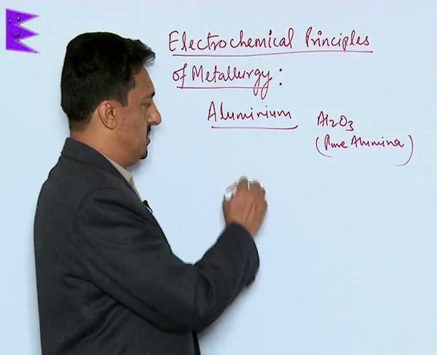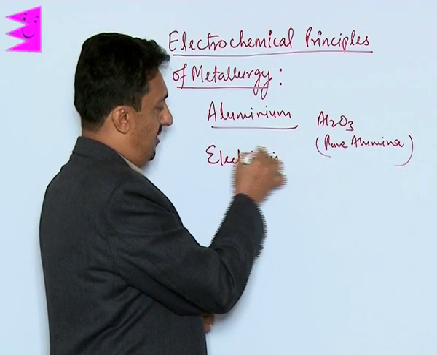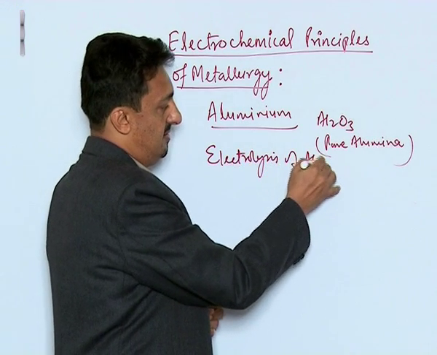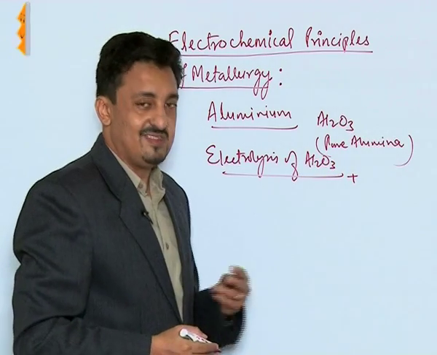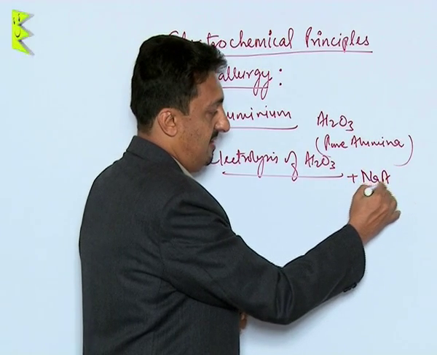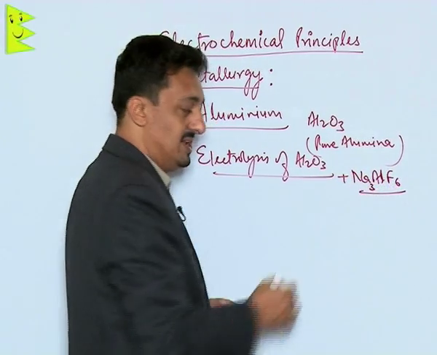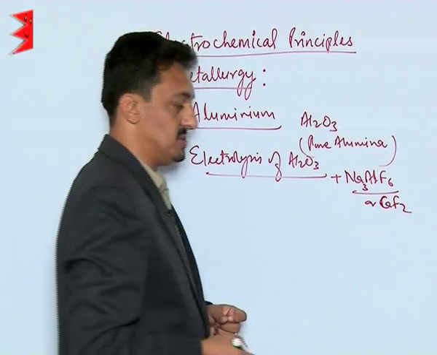Now, in this we do the electrolysis of alumina, which is done by taking it in the fused state. In the fused state, it is mixed with Na3AlF6, which is called cryolite, or we can take a small amount of calcium fluoride also.